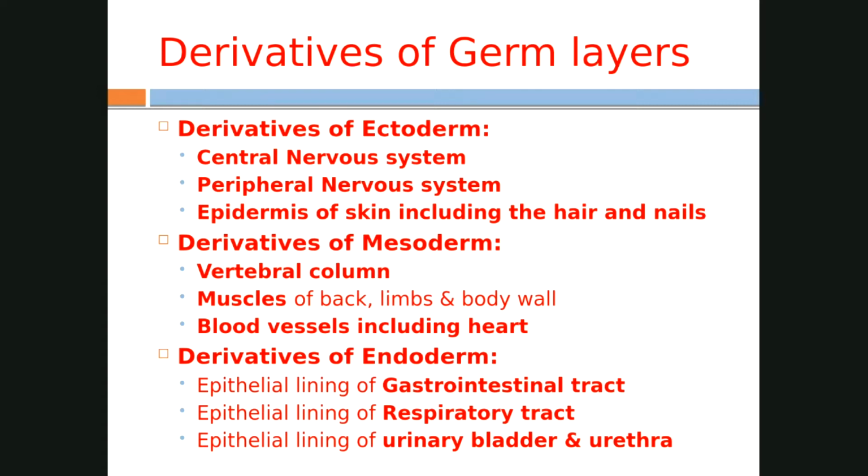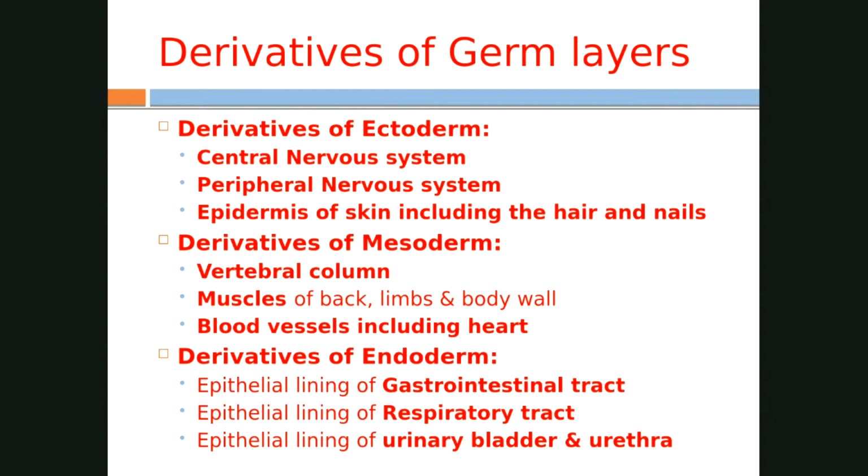So let's understand how we can remember these things. Let's play the game: what comes from mesoderm? Muscles of the body, vertebral column, and the heart and the blood vessels. Nervous system develops from what? Ectoderm, mesoderm, or endoderm? Ectoderm. Epithelial lining of GIT develops from ectoderm, mesoderm, or endoderm?